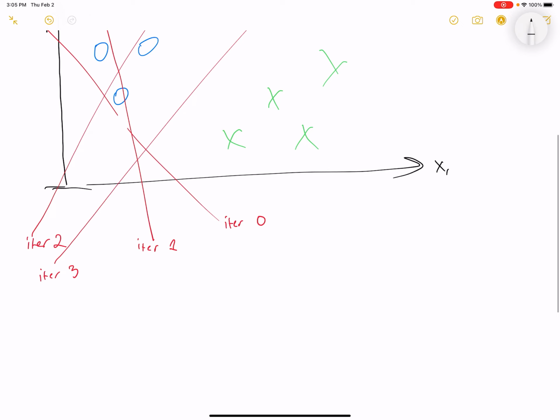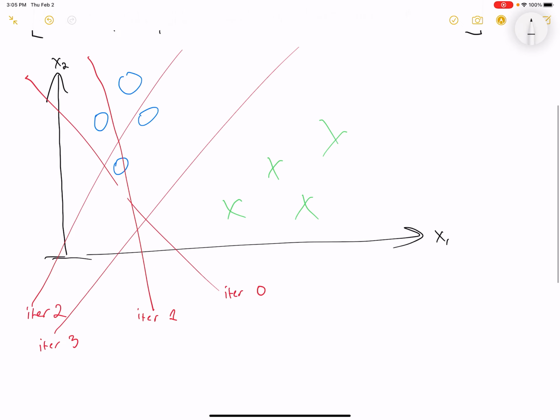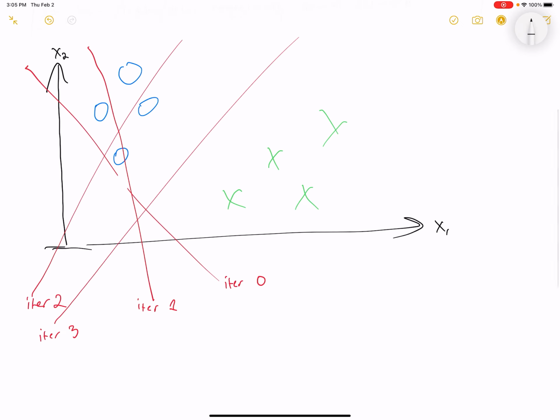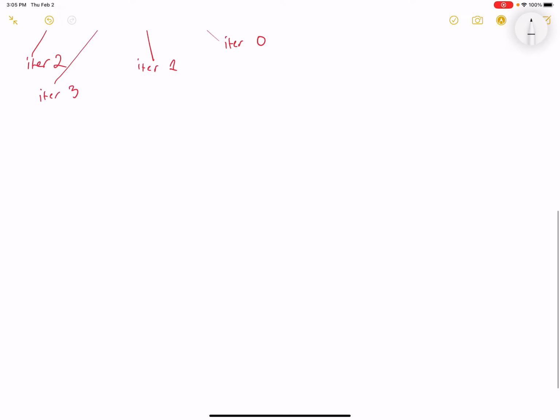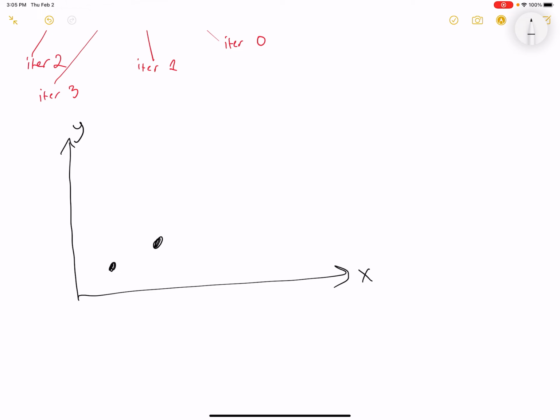So x1, x2, that's how we know it's classification. But let's say we were doing linear regression, we might start, these might be our data points. Let's do linear regression just for simplicity.